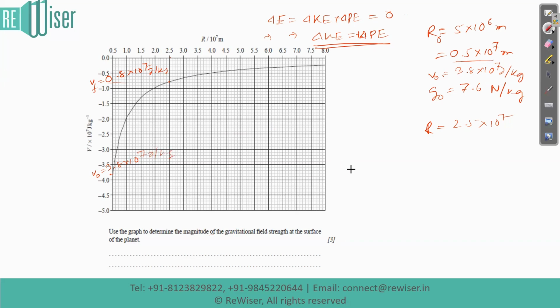Now, you see, I can write del KE is equal to del P, since it will start from rest itself.